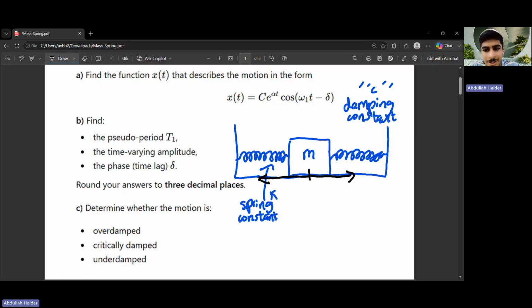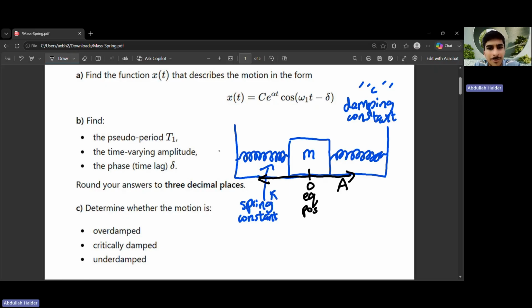So we assume that this is the origin, the equilibrium position, and when you give it a push to the right, it will have an amplitude, let's say A, and if there is no damping, means energy is not being lost. So basically, this mass will be oscillating left to right with the same amplitude and some speed.